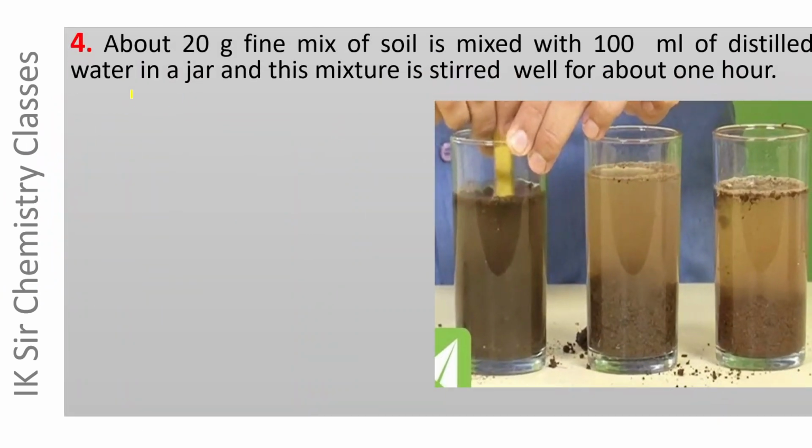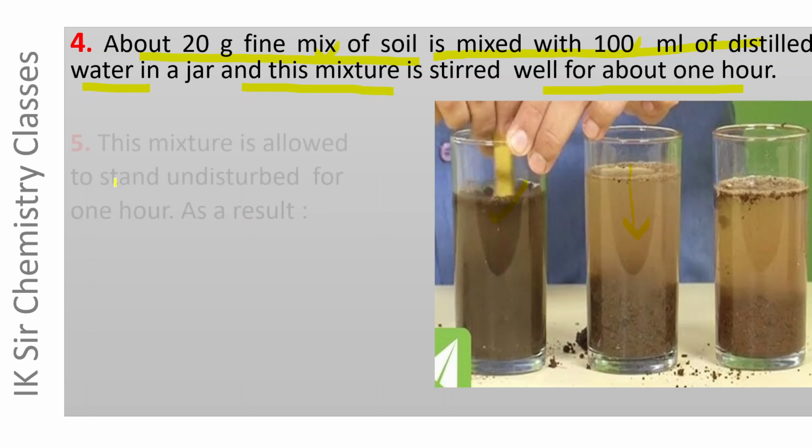Thereafter, about 20 gram of fine mix of the soil is mixed with 100 ml distilled water in a jar. 100 ml distilled water is added to 20 gram fine mix of soil, and the mixture is stirred well for about 1 hour.